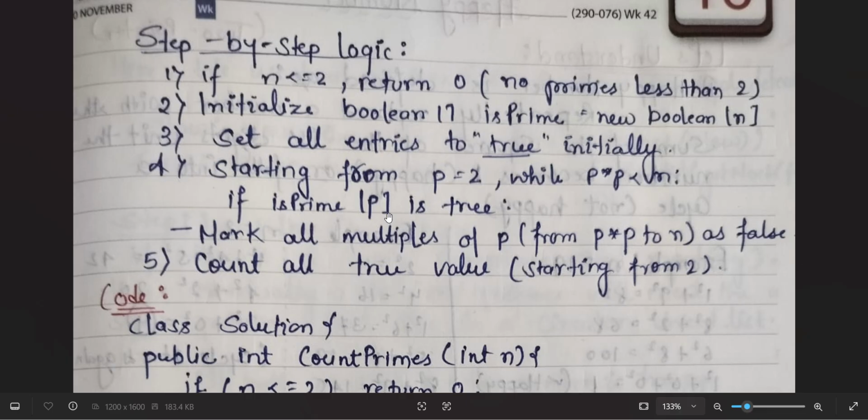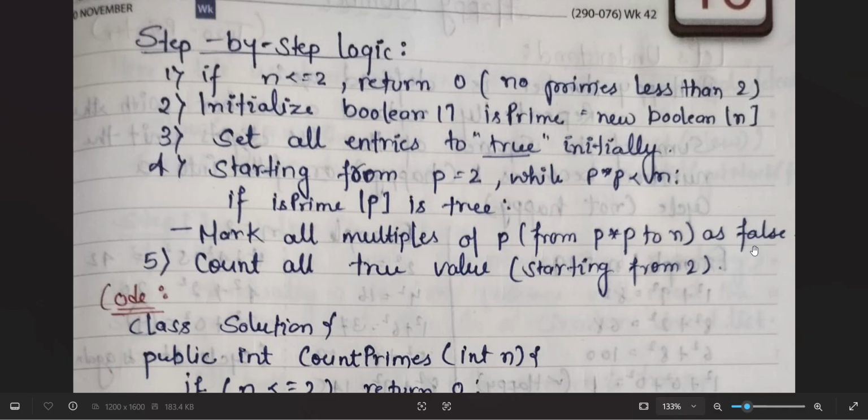Up to that, we are marking the numbers divisible by 2 as not prime. What I have written here: mark all multiples of p from p times p to n as false, meaning marking them as non-prime numbers.